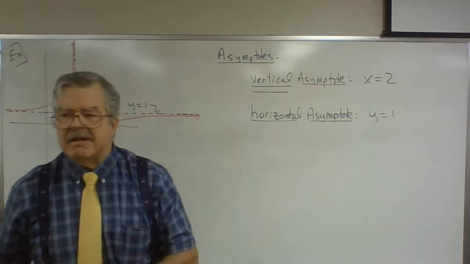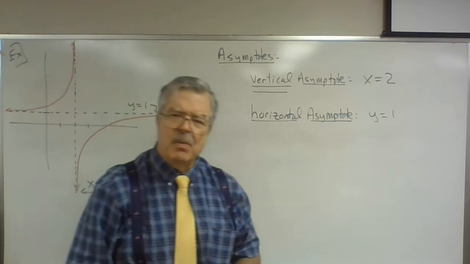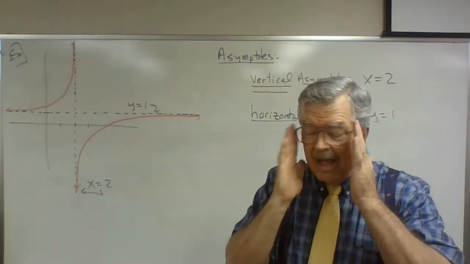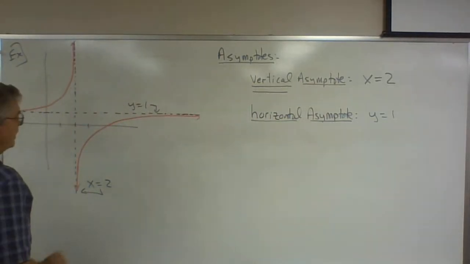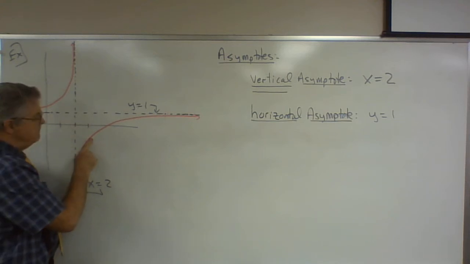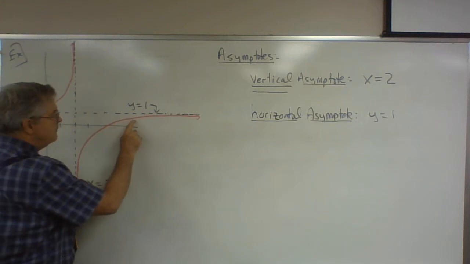And now let's make sure that we see exactly why each one of these lines is an asymptote. I'm going to start at a point right here, just a random point, and I'm going to move along the graph in this direction.